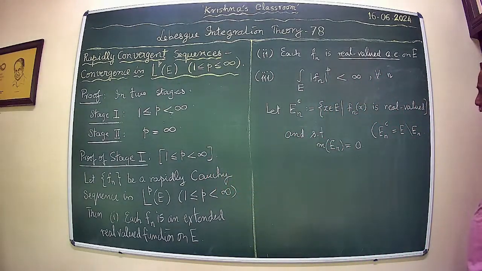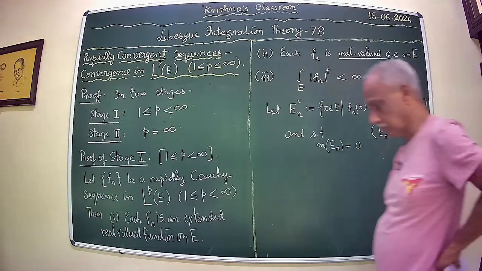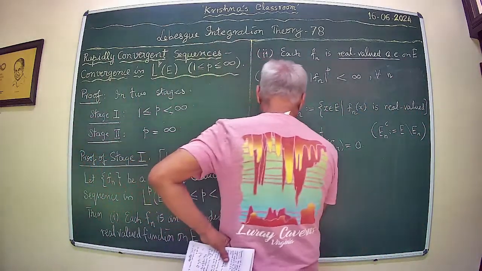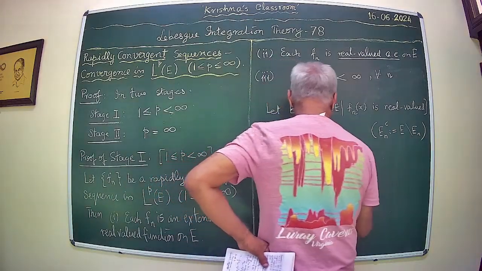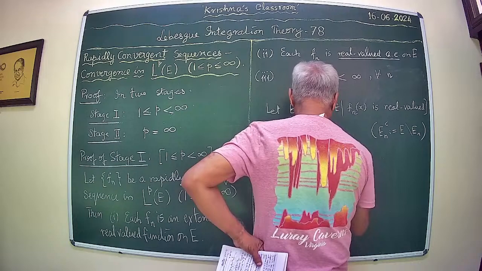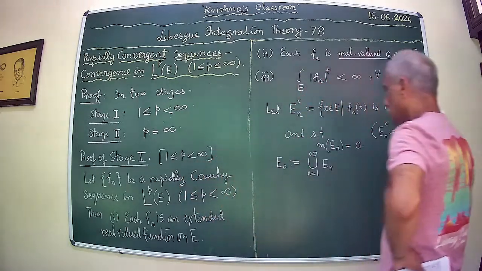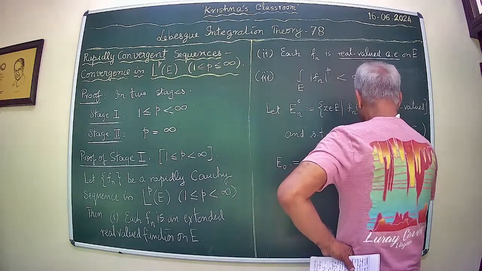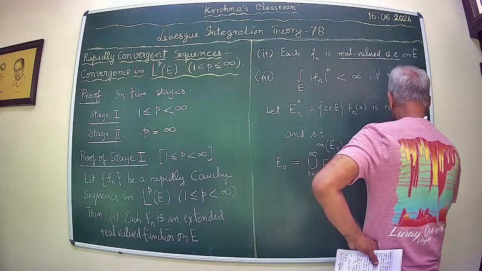So we will designate this. Now you take E naught as the intersection of the En. Then the measure of E naught complement is 0.